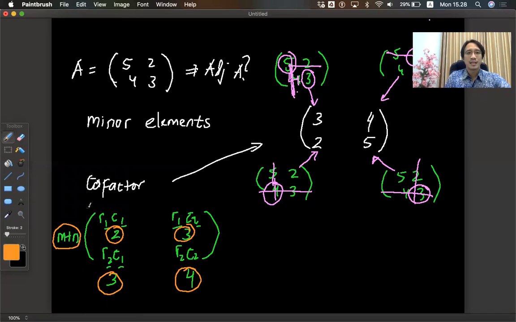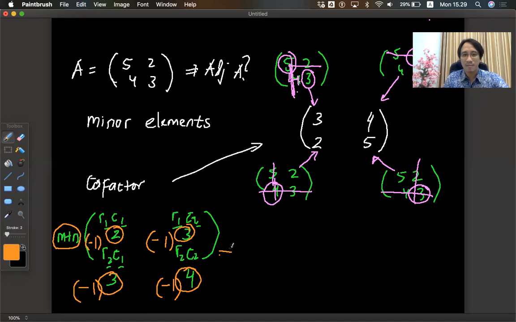Then the cofactor has the formula -1 powered by this number: -1 to the 2, -1 to the 3, -1 to the 3, -1 to the 4.